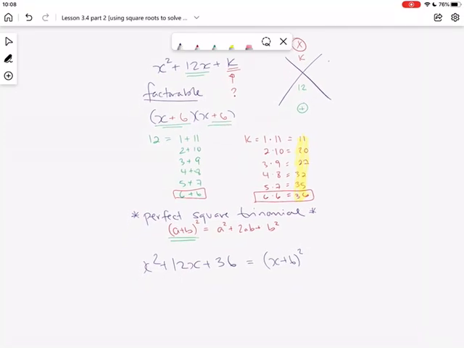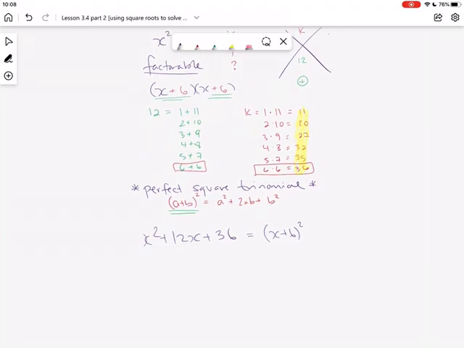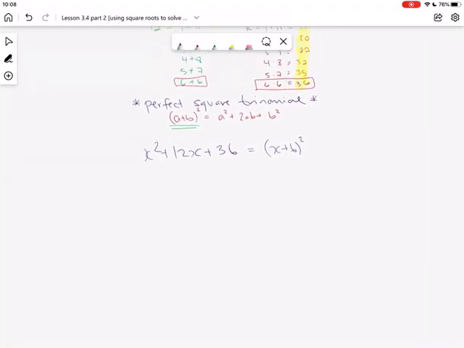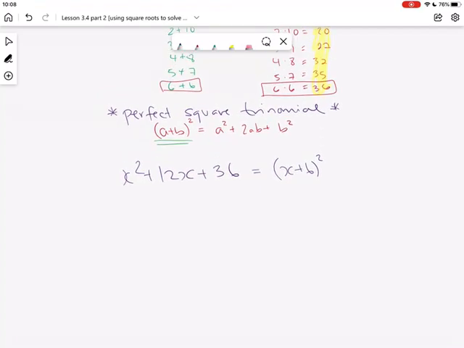So I want you to look at a couple more examples and tell me what k would have to be in order for it to be a perfect square trinomial. And I want you to think about perhaps something repetitive that keeps happening in that process. So I'm just going to give you 3 examples.